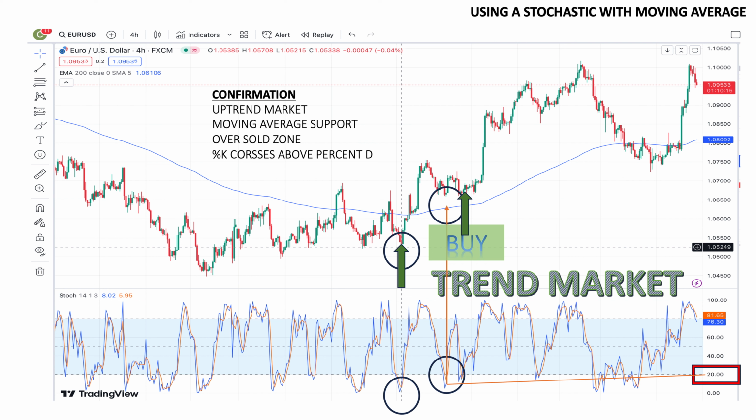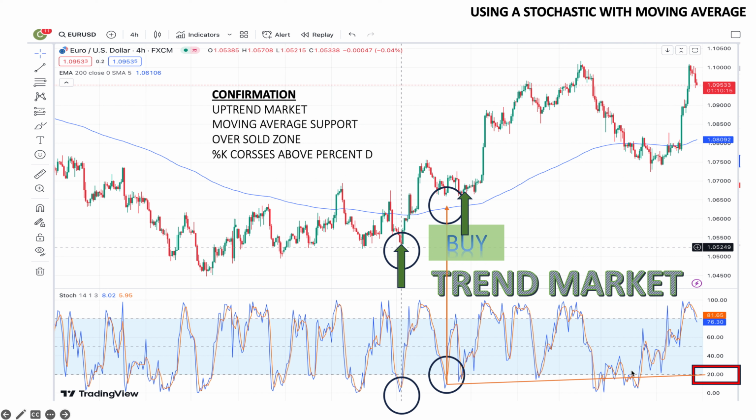You can see we have changed from a sell bias to a buy bias with the moving average, because the price is way above the moving average and has found support in it. So it's a buy area because it's found support. And if you come to the stochastic, you can see we are in the oversold area.